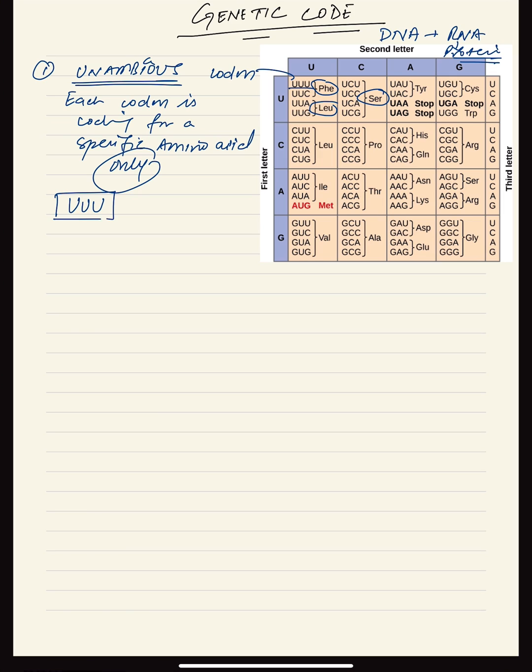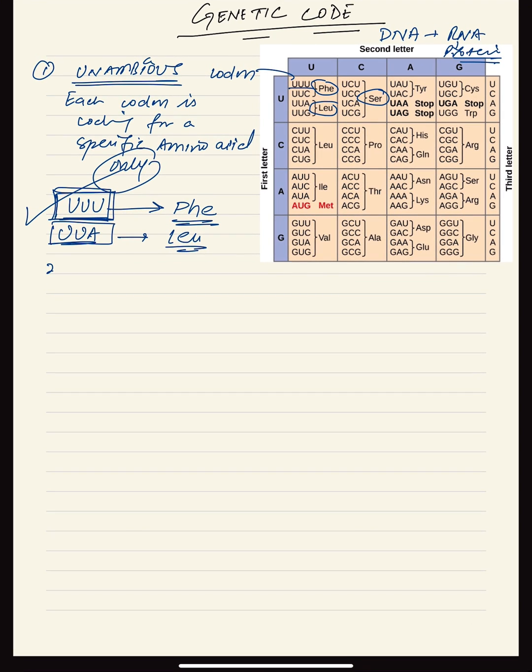Now this codon means a triple code, right? So whenever this codon comes on a DNA codon system, where the tRNA comes and starts coding, this pattern is only for phenylalanine. And for example, if it is UUA, then this is specific for only leucine, nothing else. So this is an example of what it means.